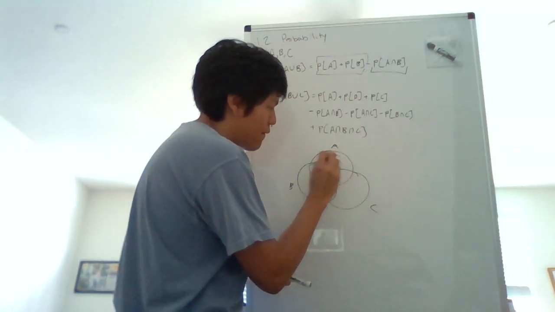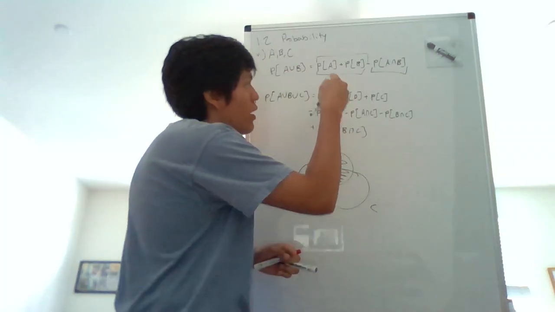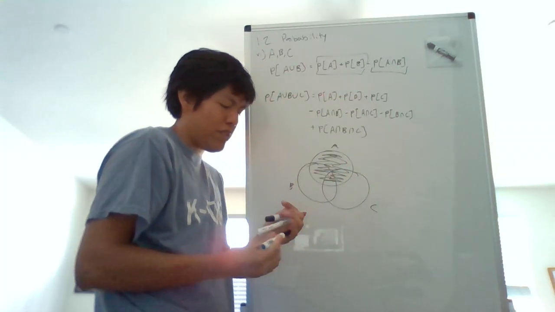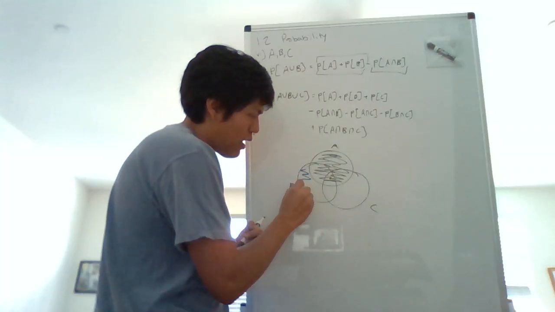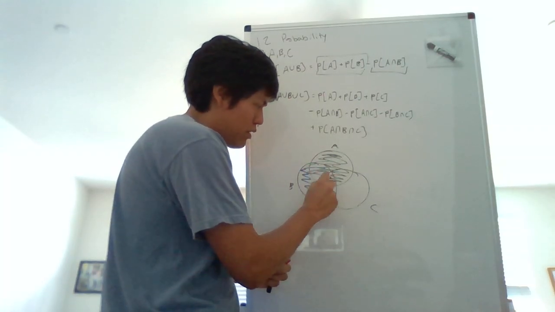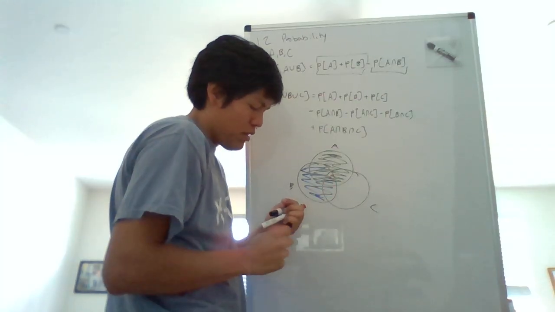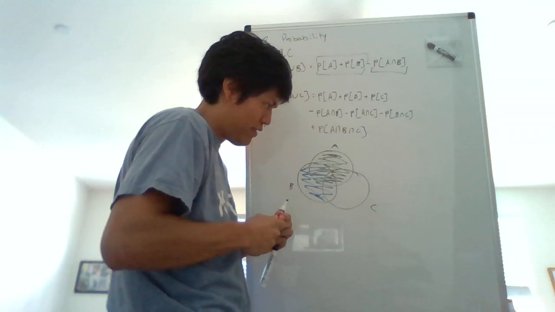So A would be the entire circle of A, plus B, the entire circle of B, and again that includes where it overlaps, plus C, the entire circle of C.